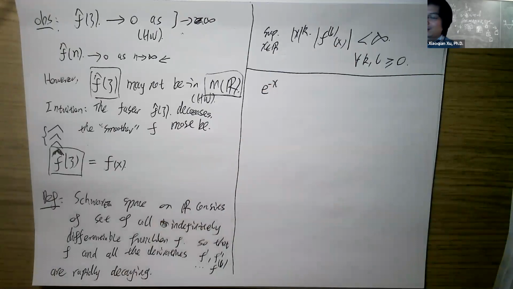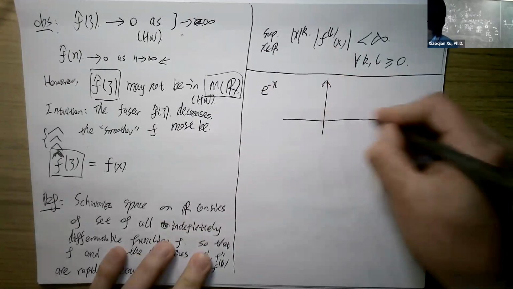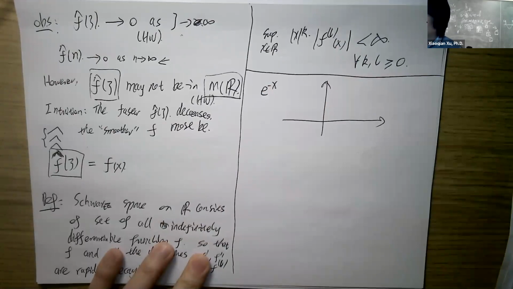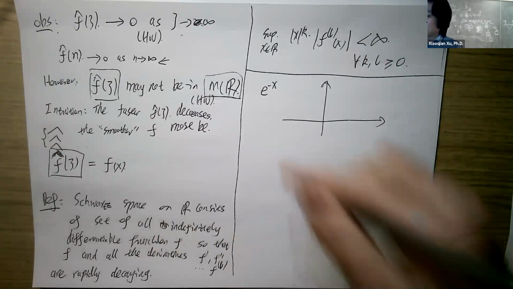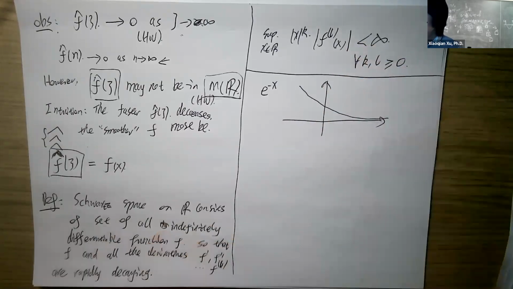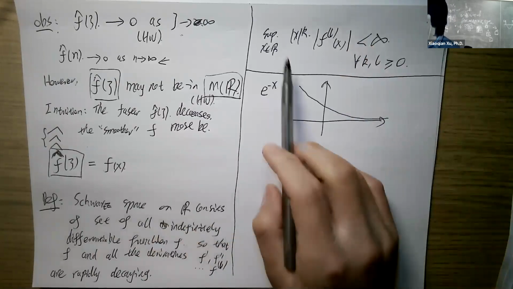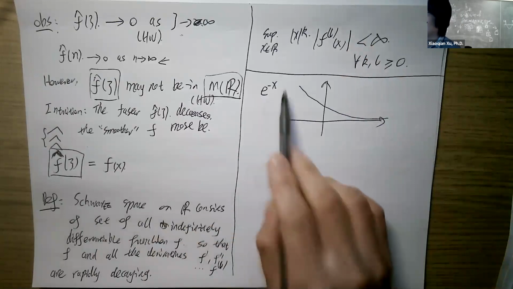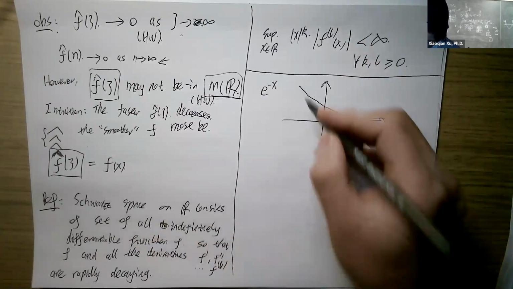When x tends to infinity, e to the minus x is very good, and if you take derivatives, it is also very good. It decays faster than any polynomial. Any x to the power k multiplied by e to the minus x will tend to 0 as x goes to infinity.